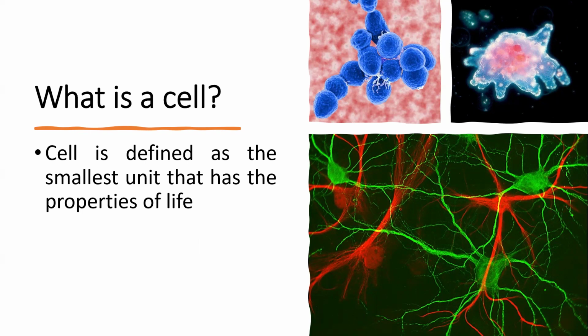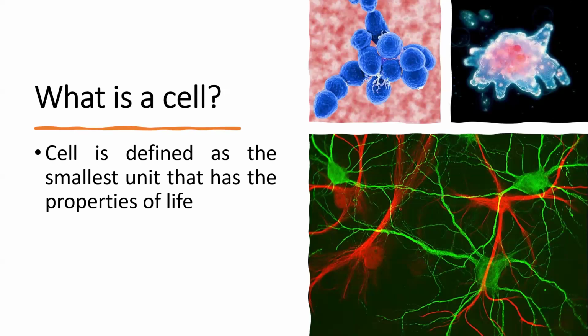They are able to maintain homeostasis. But if you go any smaller than a cell, then those characteristics are no longer there. If we look at the organelles inside the cell, they no longer have all the properties of living things. So the cell is as small as you can go and still call it a living thing.